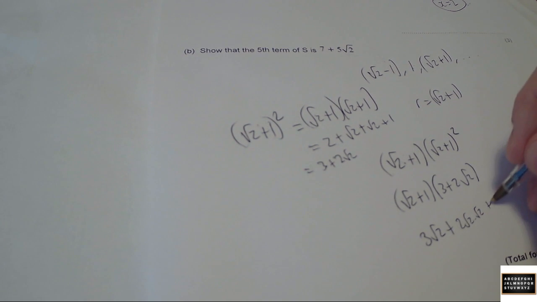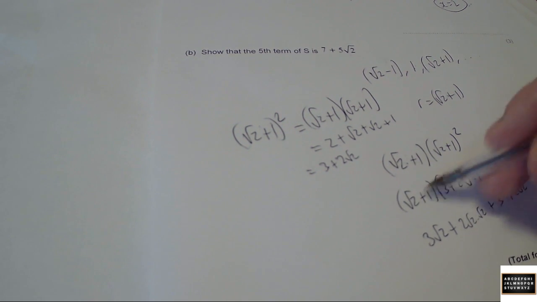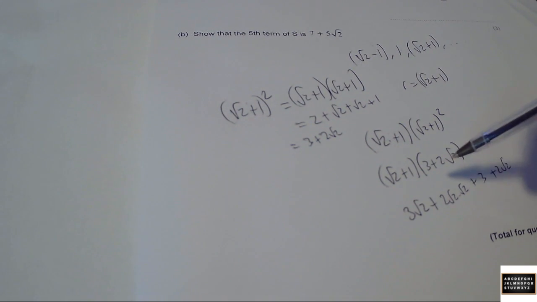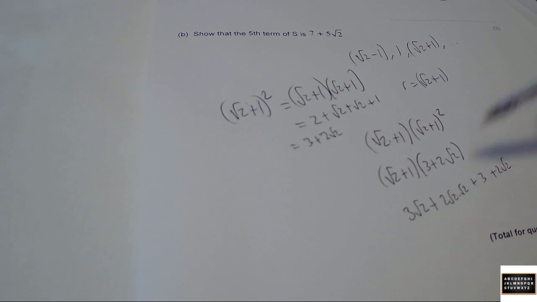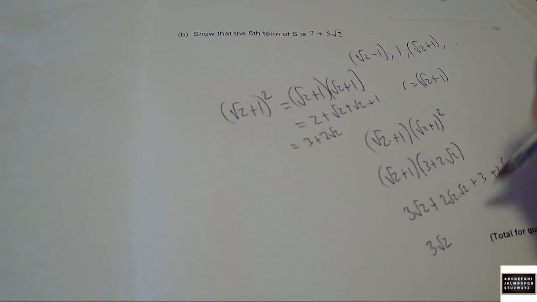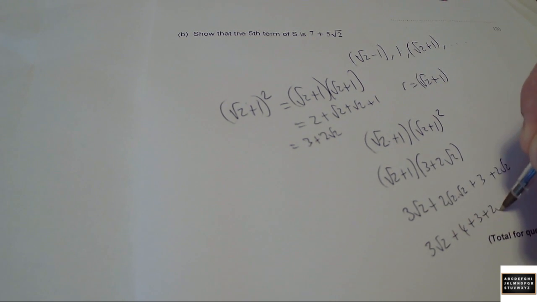The inside terms would be 3, and the last two terms would be 2 root 2 again. So it doesn't matter that it's a bit back to front. We can still use the full method to do it correctly. And then, this bit here, so root 2 times root 2 is 2, and 2 times 2 is 4. So I'm going to end up with 3 root 2 plus 4 plus 3 plus 2 root 2.